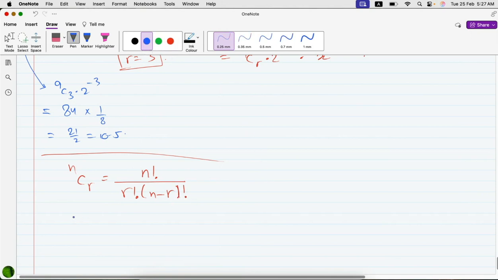So basically, if someone would say 10C4, we'll write 10 factorial over 4 factorial into 10 minus 4 factorial.